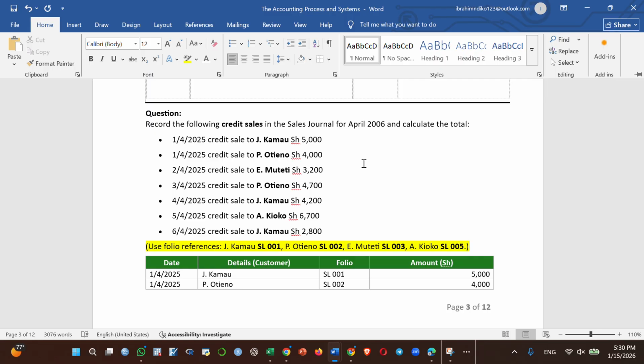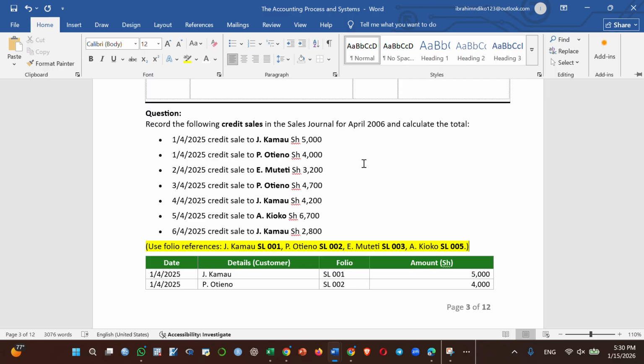On 1st April, there was a credit sale made to J. Kamau, 5,000. Also on 1st April, another credit sale was made to P. Otieno, 4,000. Then on 2nd, another credit sale was made to E. Muteti, 3,200. Then another credit sale was made to P. Otieno, 4,700.